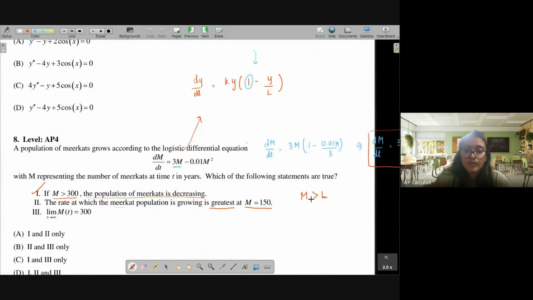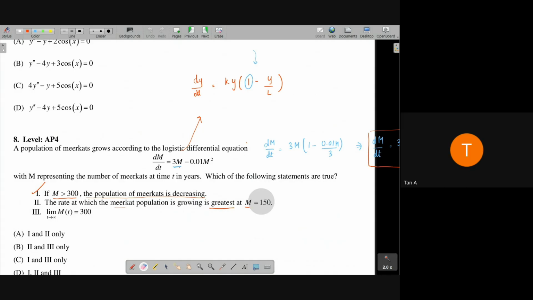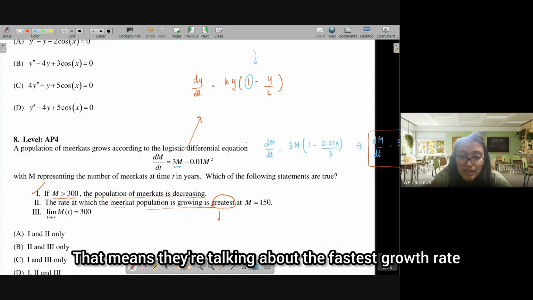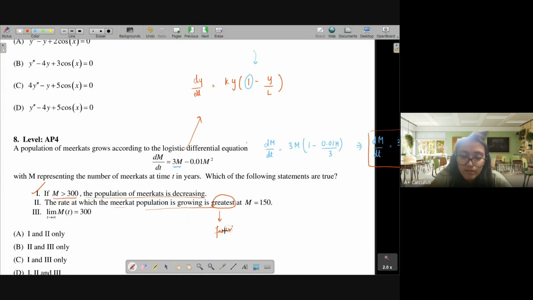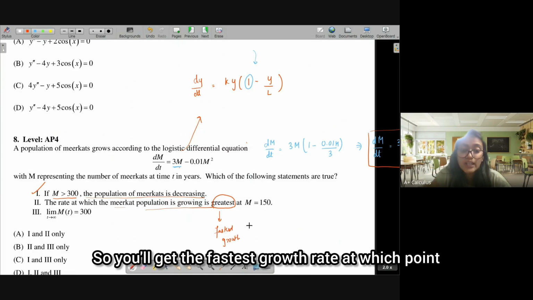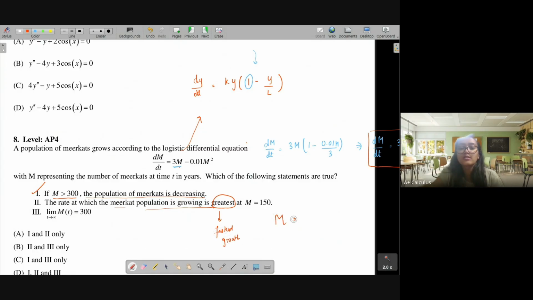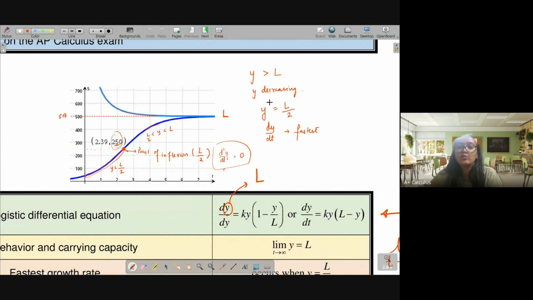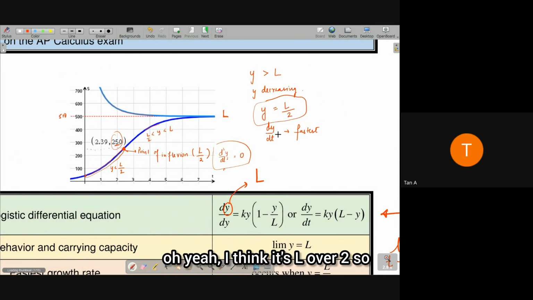Greatest population growth means they're talking about the fastest growth rate. So you'll get the fastest growth rate at M equals L over 2.